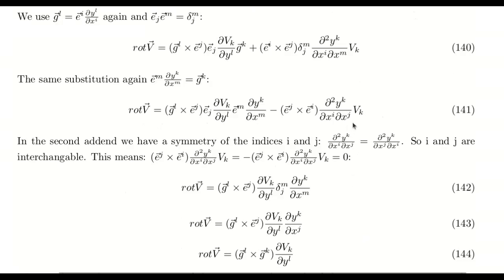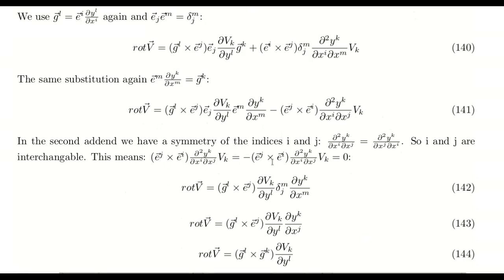Now 140, 141 are the same equations. And so the second ident here must be the same in the two equations. So we can write here this with a positive sign must be equal to the expression with a negative sign.